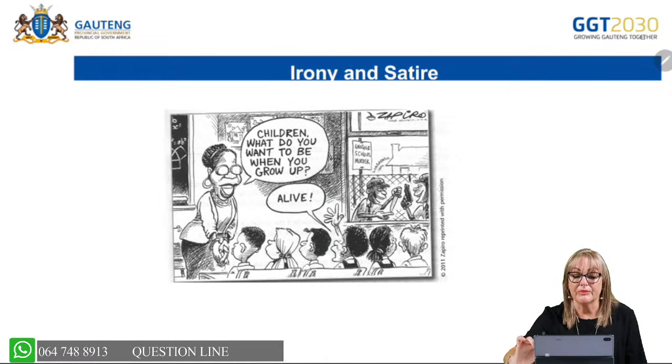So let's look at this cartoon from Saperu. "Children, what do you want to be when you grow up?" That's the teacher asking them. So what is the normal answer you would expect to that? Some other career. This child puts up his hand and says, "Alive." I want to be alive when I grow up. So why would he say that?